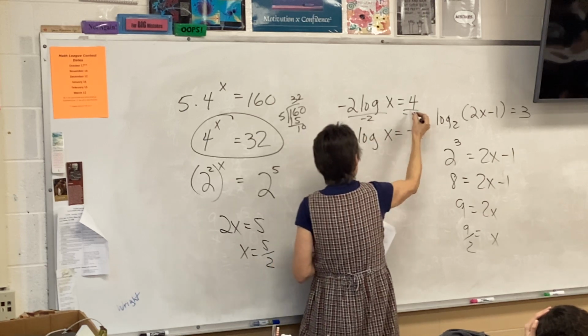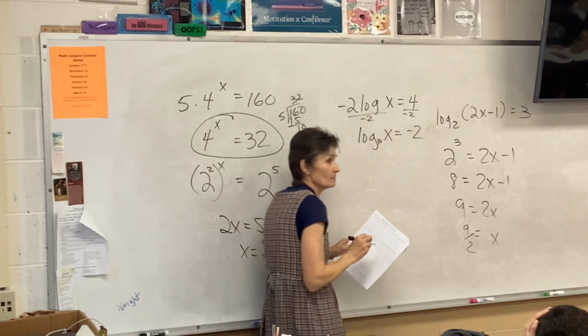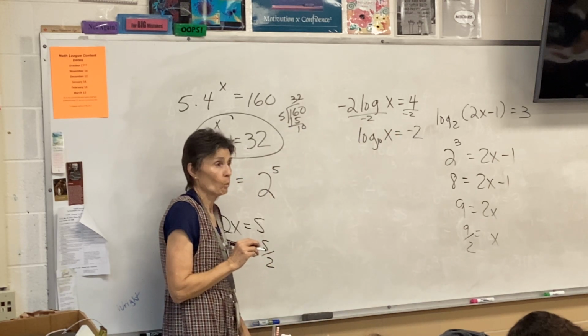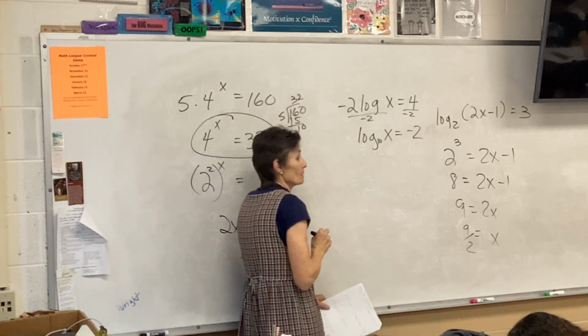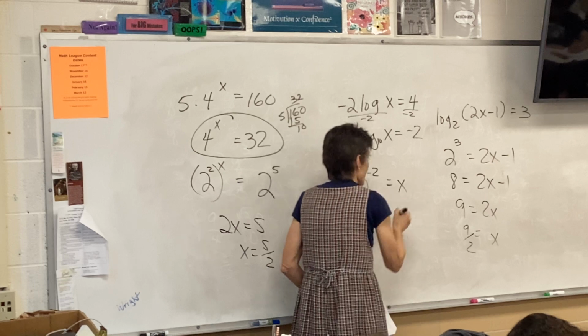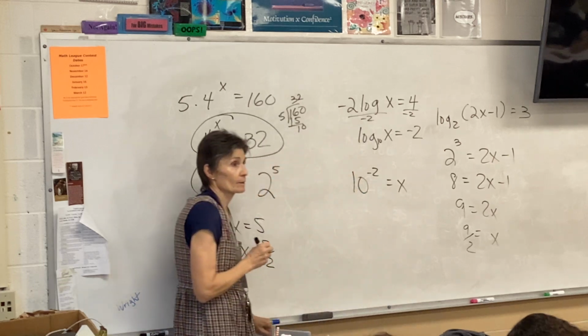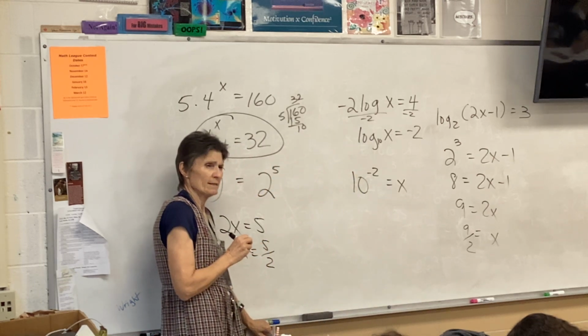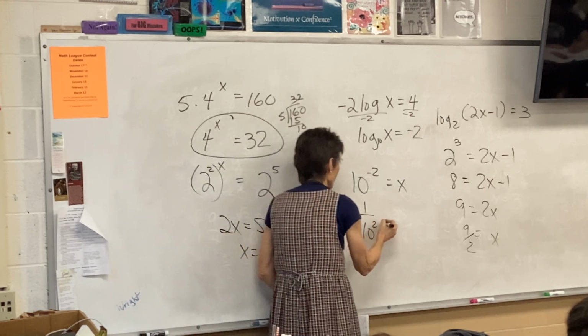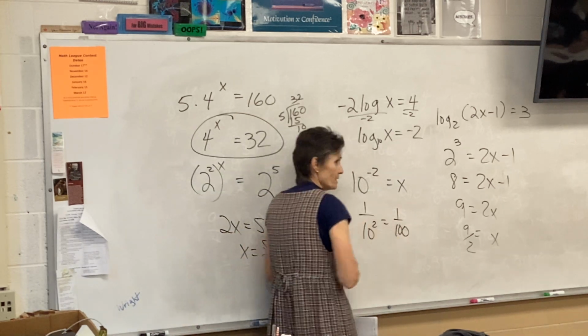And you might want to slip a 10 in there, because we're going to log roll. So 10 to the -2nd equals x. What's 10 to the -2nd? 1 over 10 squared, which is 1 over 100.